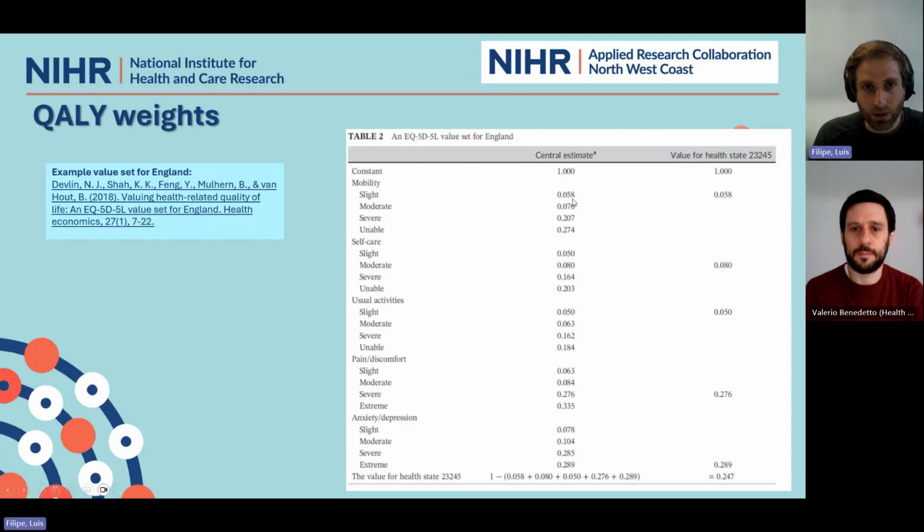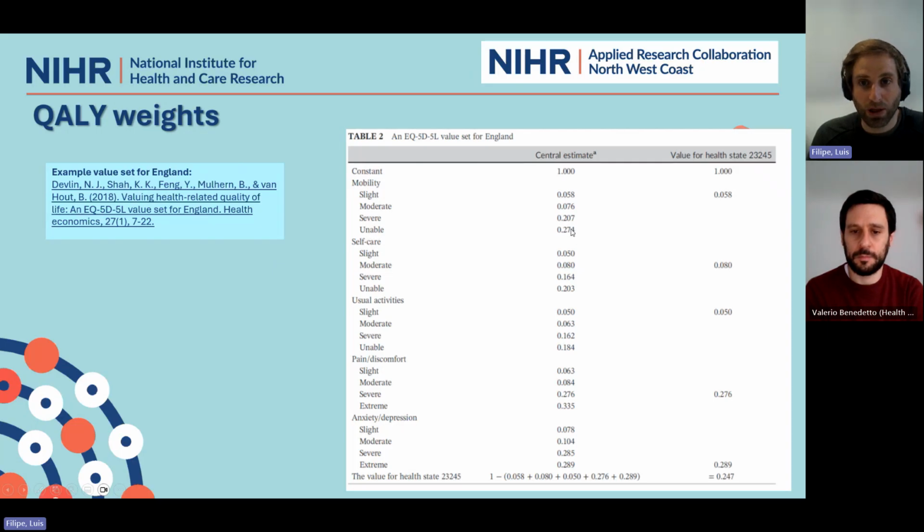What matters is that you can see that having moderate problems is worse because it's a higher number. And remember, it should be a negative number, so a higher number is worse. And you can see that severe is much worse. So it's almost 4 times as bad as having slight mobility problems, okay? And then being unable is even worse.